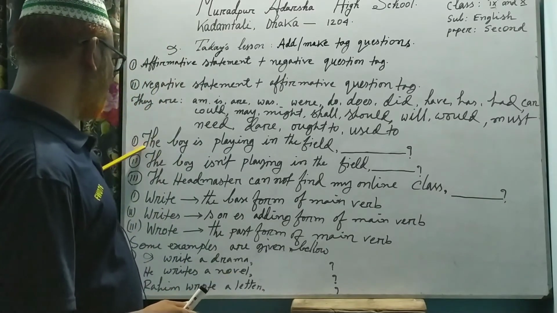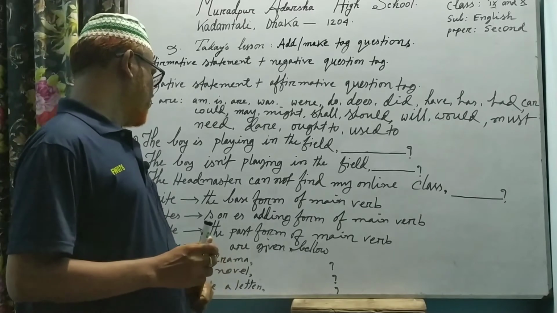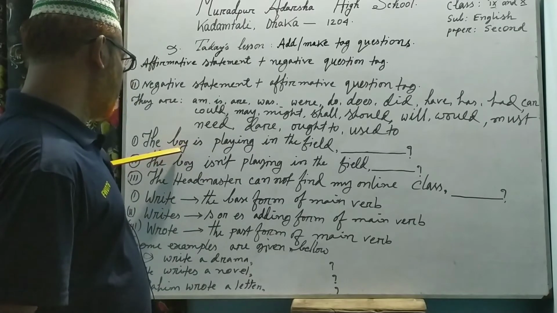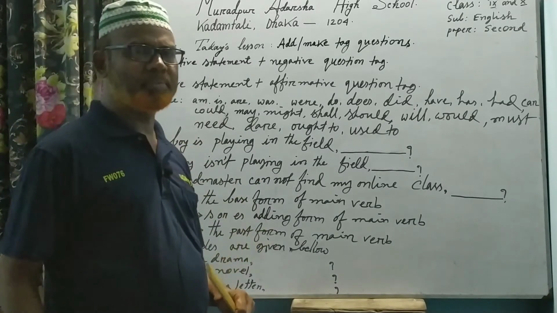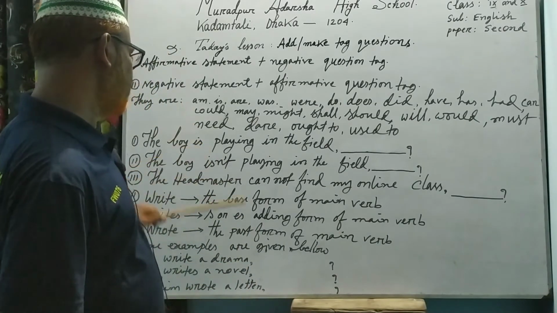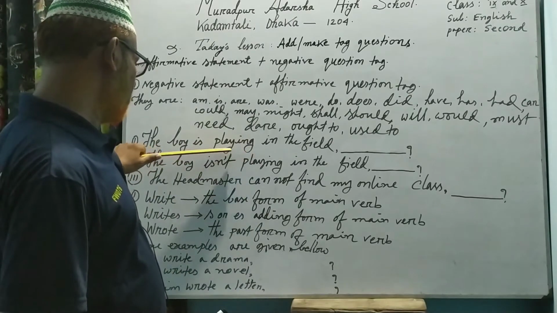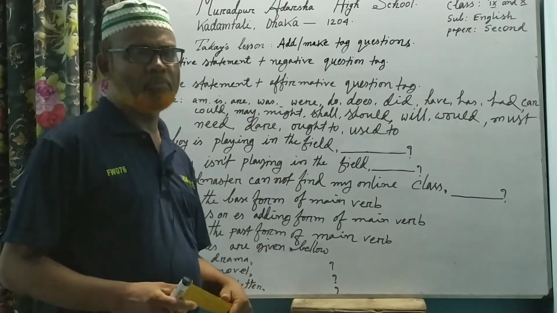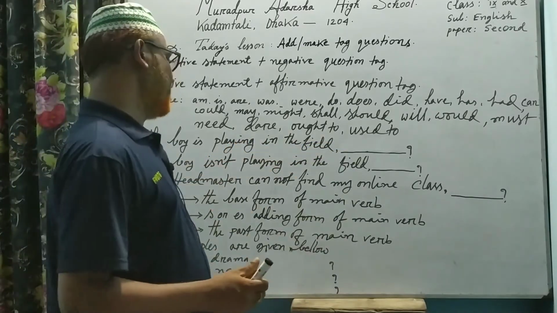In question number 1, the subject of the statement is noun boy, and the operator of the statement is, and also see that the statement is positive. So the tag will be negative.